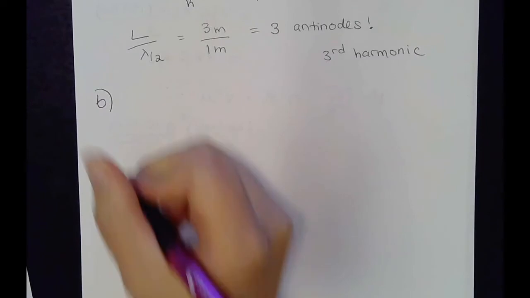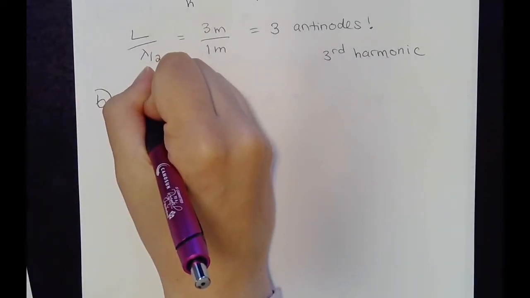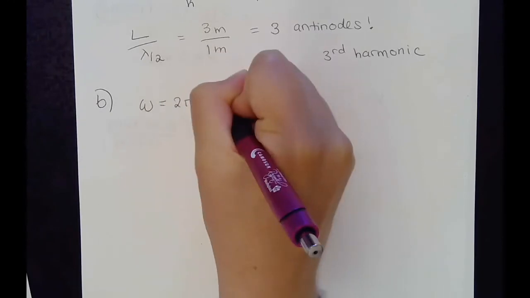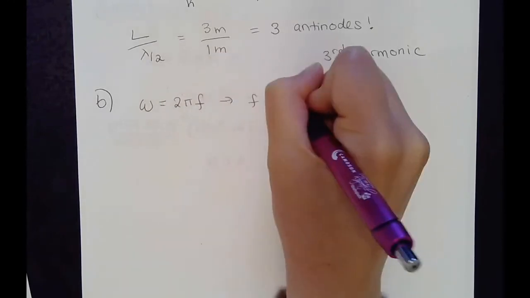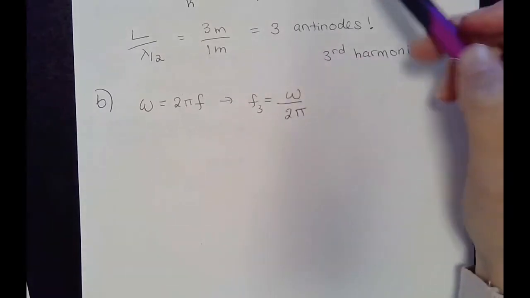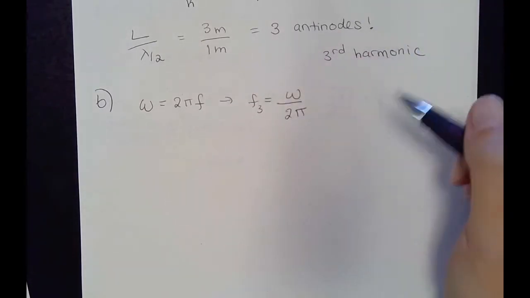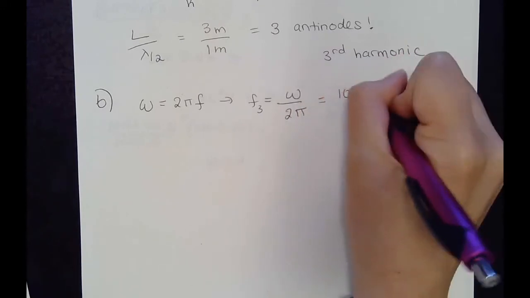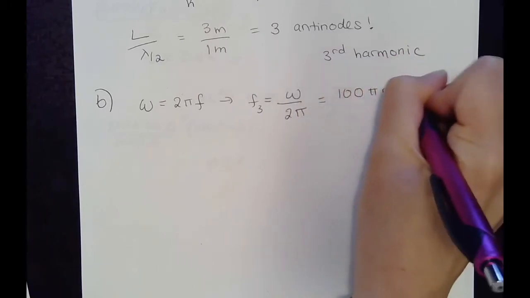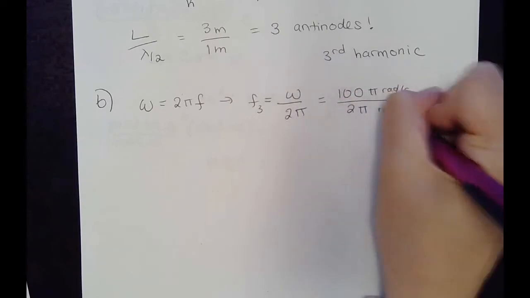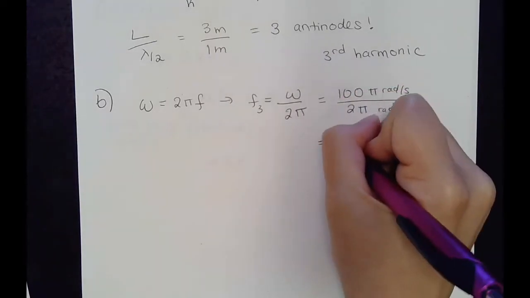Okay, so for B, what is the fundamental frequency? We want f1. We're given omega, which is 2 pi f. So f equals omega over 2 pi. And this is f3, since we know that the function we had represents the third standing wave pattern. So this is going to be 100 pi radians per second over 2 pi. This is technically radians here. So we end up with 50 hertz.